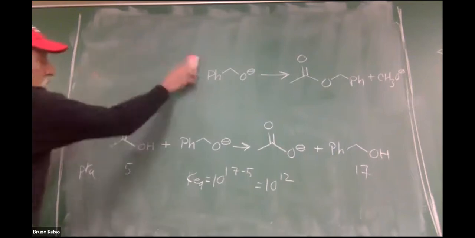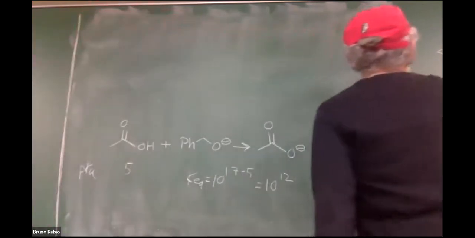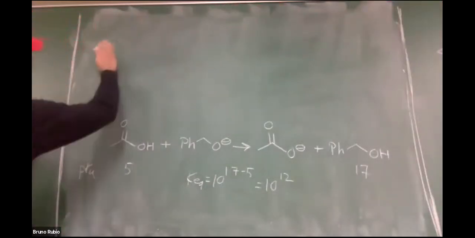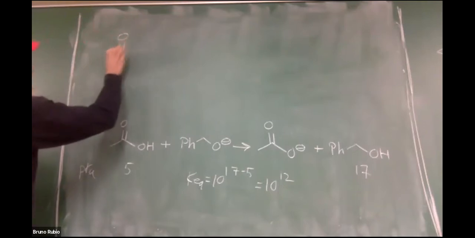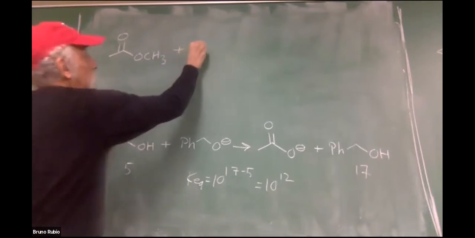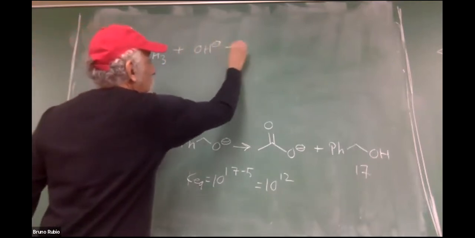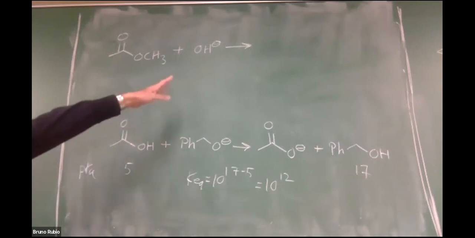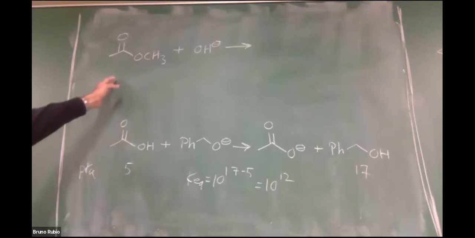Okay, so let's look at another product prediction problem. Draw the structure of the product here. I'll give you a clue. Yes, it's an acyl substitution, right? Because OH minus, that's a strong base, but this guy isn't a carboxylic acid.